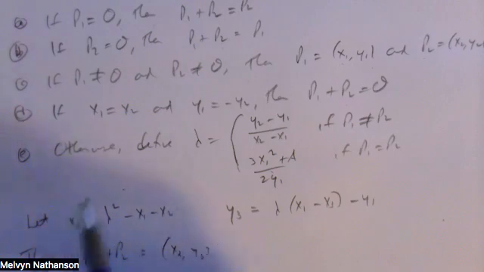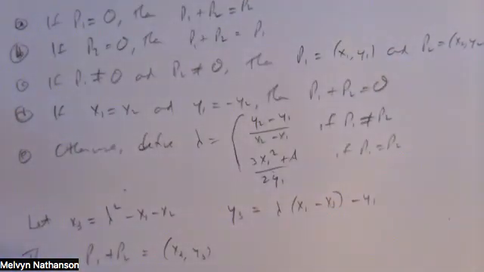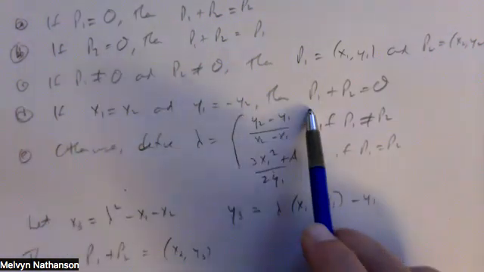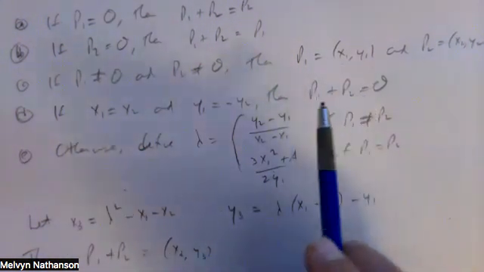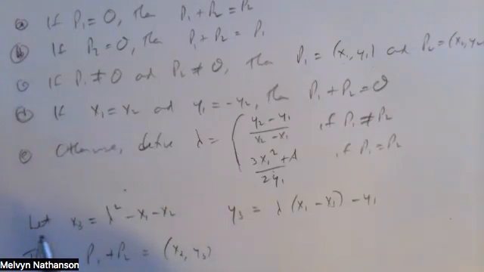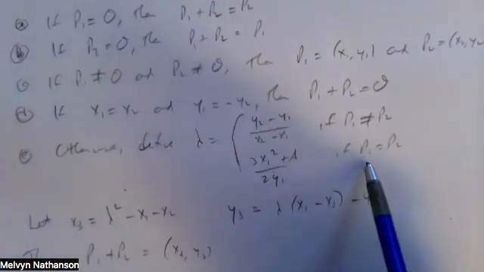So the only interesting case is when you take two points, P1 and P2, which actually lie on the curve. If one is the negative of the other, the sum is 0. Otherwise, they could be equal. If they're equal, this is what lambda is.